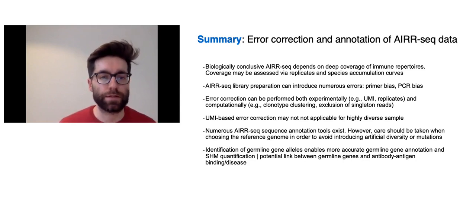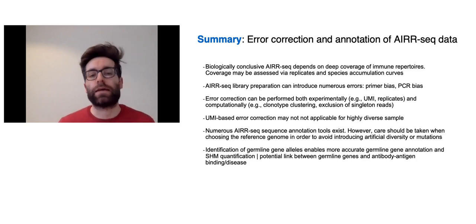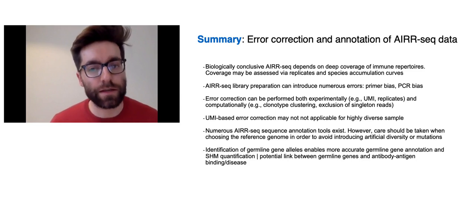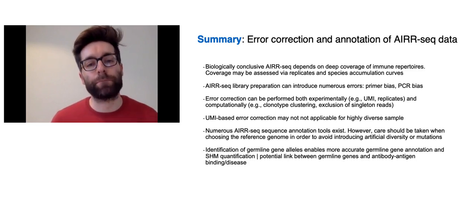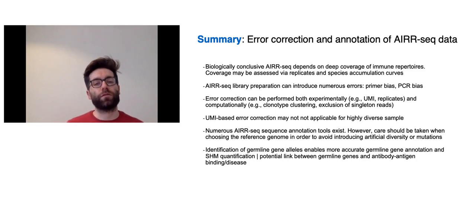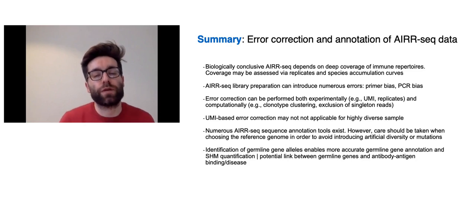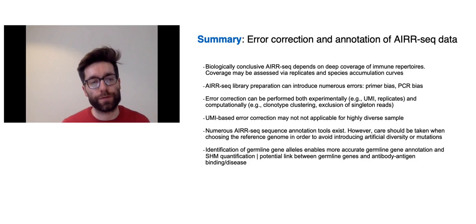So UMI correction seems like a good idea on paper, but might not be applicable for highly diverse samples, where you would have to oversequence so much that you would not be able to afford it.